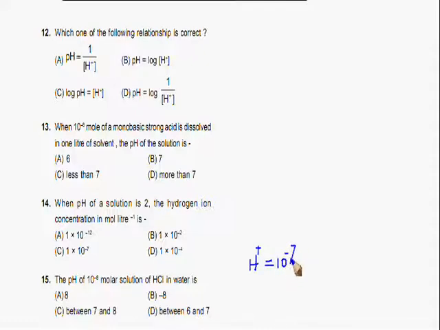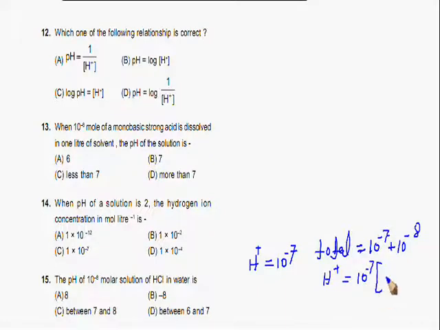So in this solution total [H+] equals 10 to the power minus 7 plus 10 to the power minus 8. Taking 10 to the power minus 7 common, we get 10 to the power minus 7 times (1 plus 0.1), so [H+] equals 10 to the power minus 7 times 1.1.